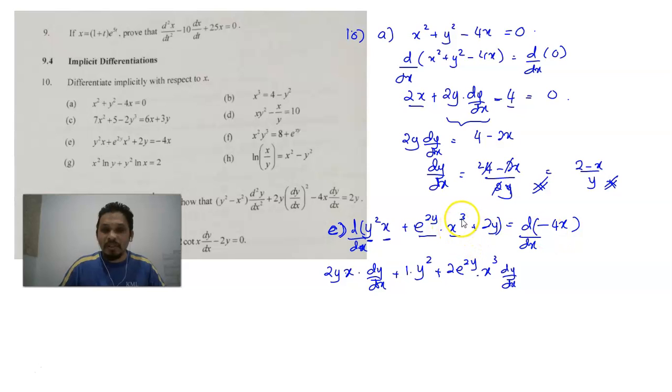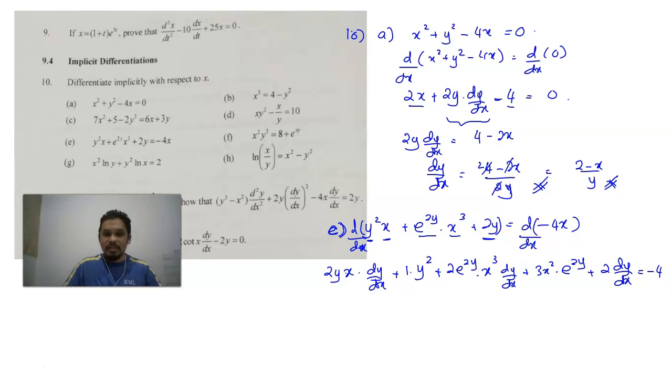Then differentiate x cubed to get 3x squared, times e to the power of 2y, plus derive the 2y, which comes out with 2, and dy/dx, equals derive negative 4x, which is negative 4.